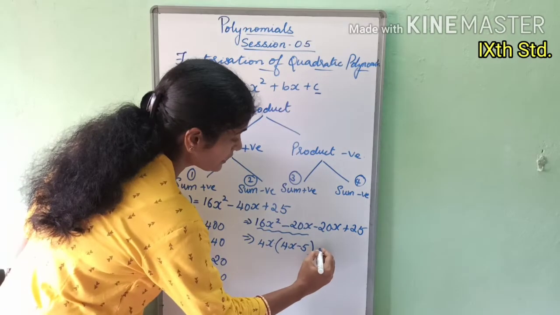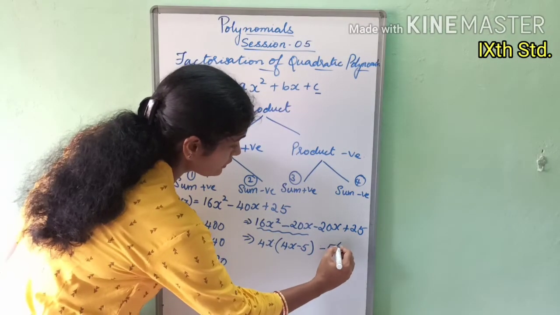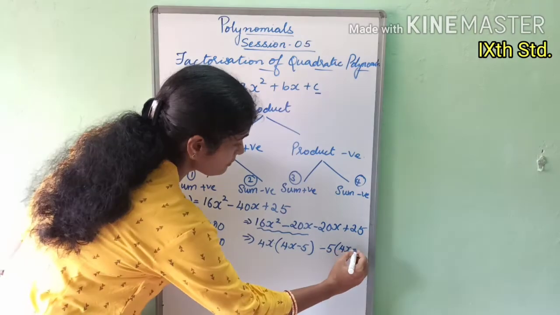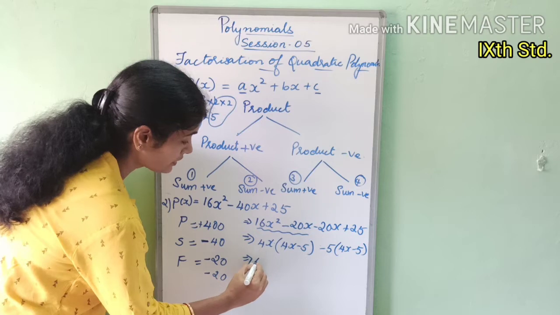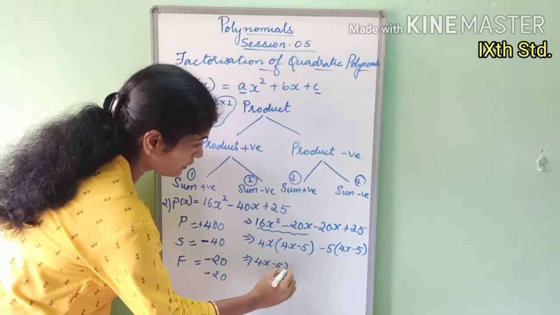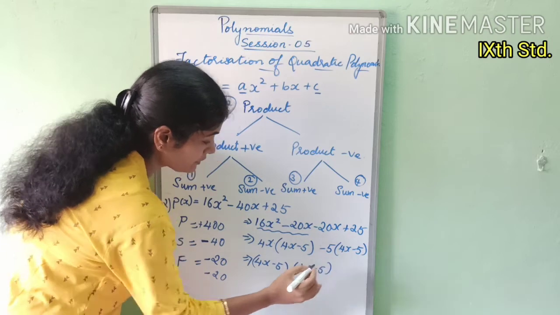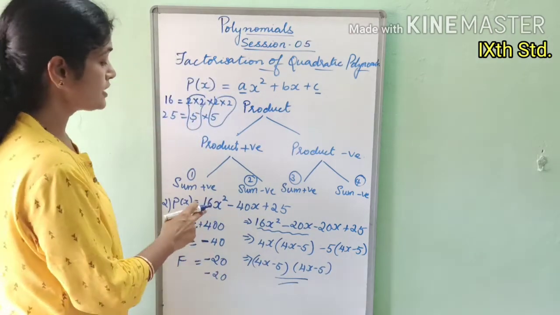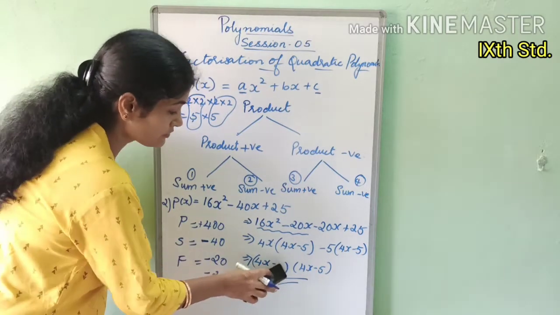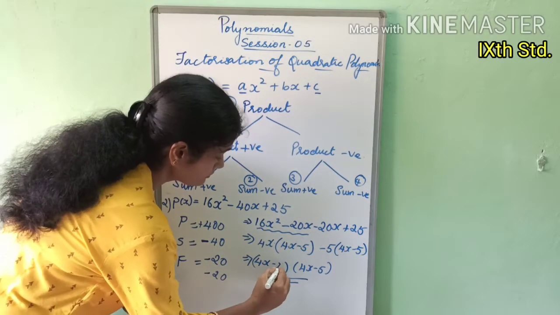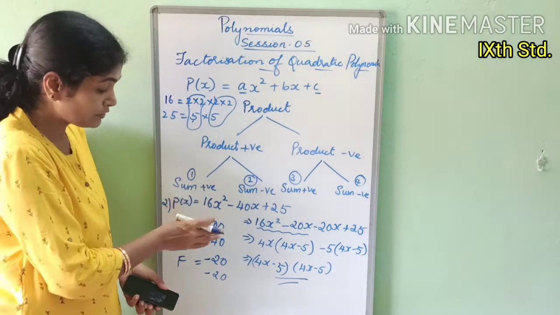And here you can take out minus 5. So this is again 4x minus 5, right? So this is 4x minus 5 into 4x minus 5. The factors of this p of x is 4x minus 5 into 4x minus 5. Okay, why are we doing this?